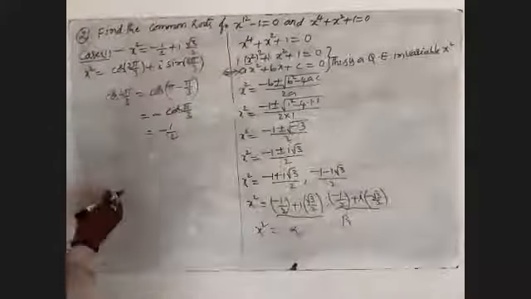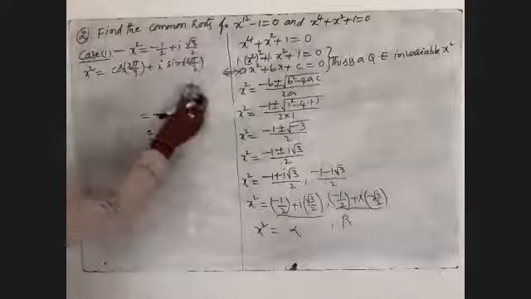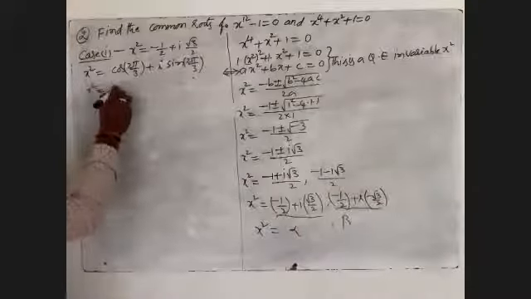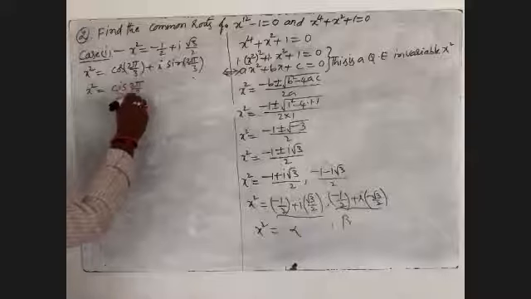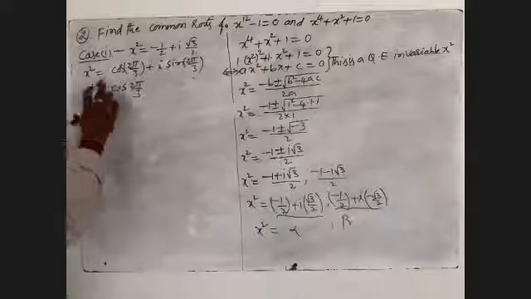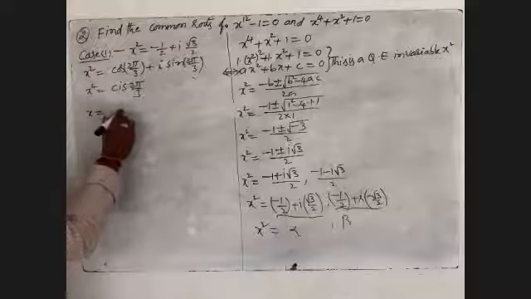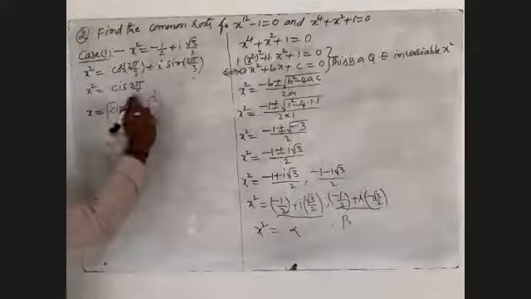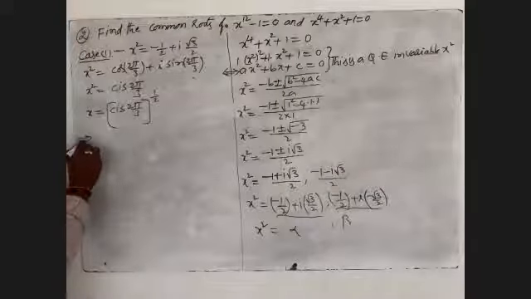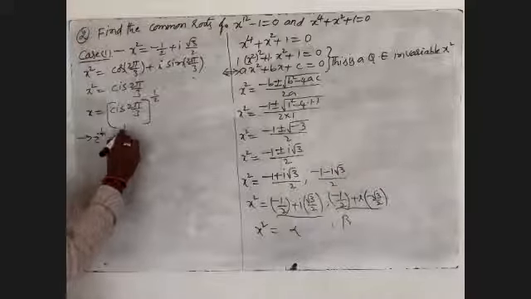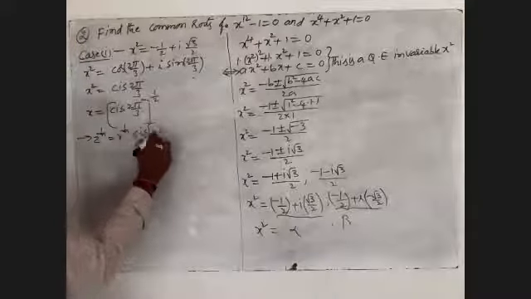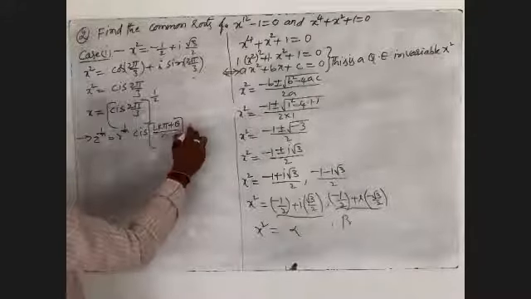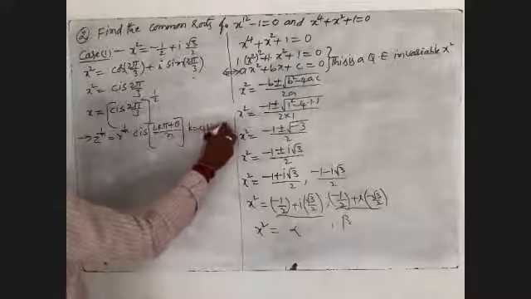Again, we have to find this one. Here we will observe. I will expand this one. x square is equal to cos of 2 pi by 3. So x is equal to cos of 2 pi by 3 whole power 1 by 2. When it is of the form z power 1 by n is equal to r power 1 by n into cos of 2k pi plus theta by n, where k is 0, 1, 2 and so on up to n minus 1.